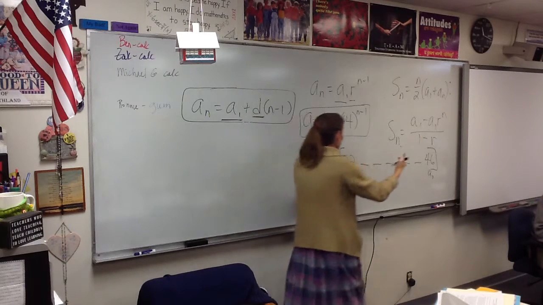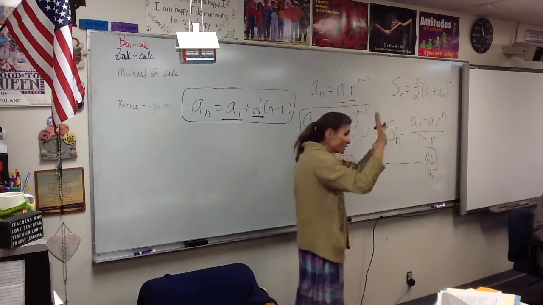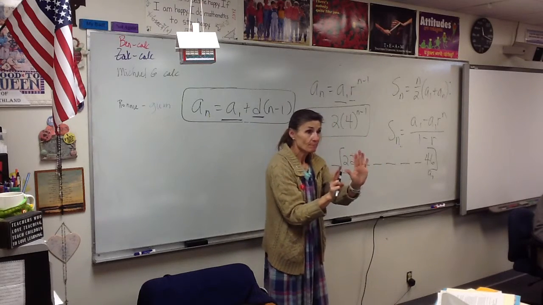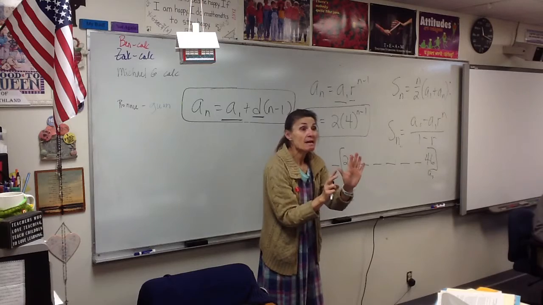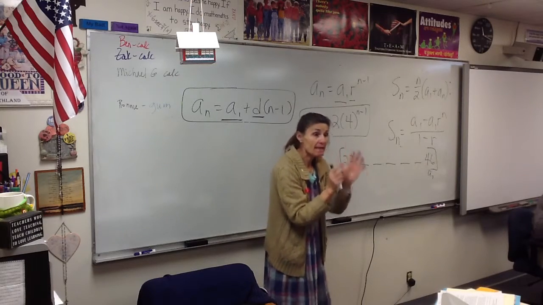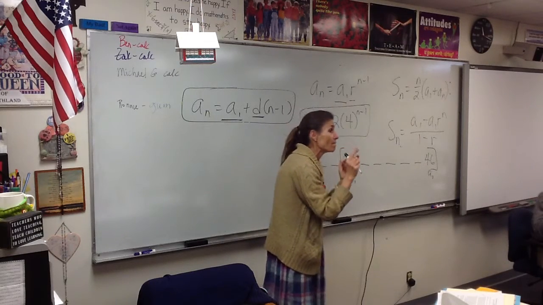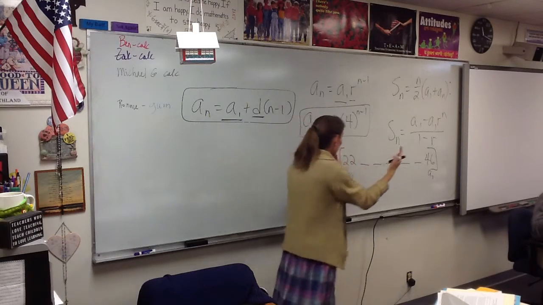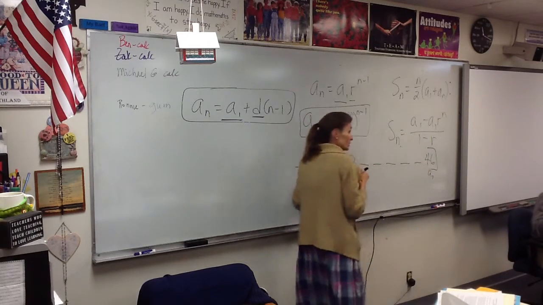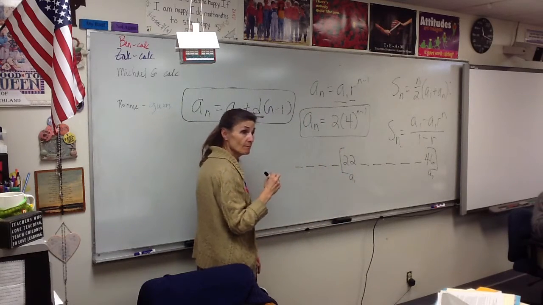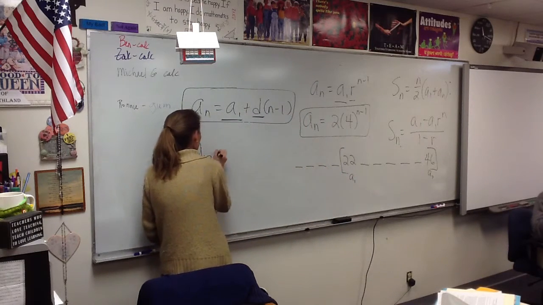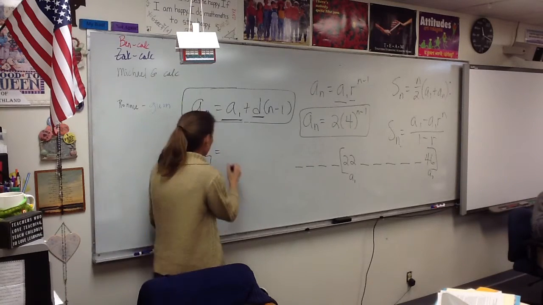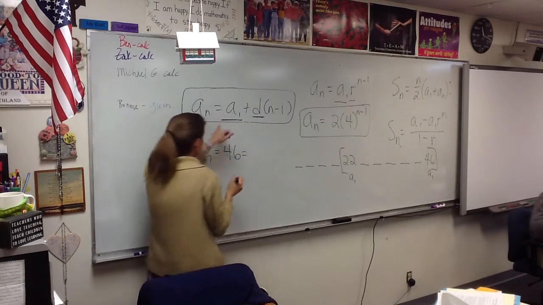So if I look at just the blocked off part, there are 7 terms, right? So I'm going to let n be 7, because n is the number of terms. According to my formula, the 7th term, which is 46, should equal what?